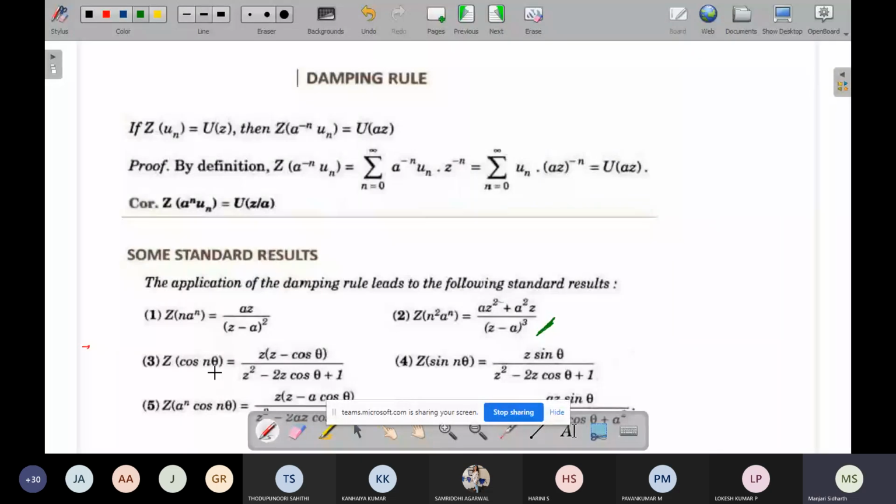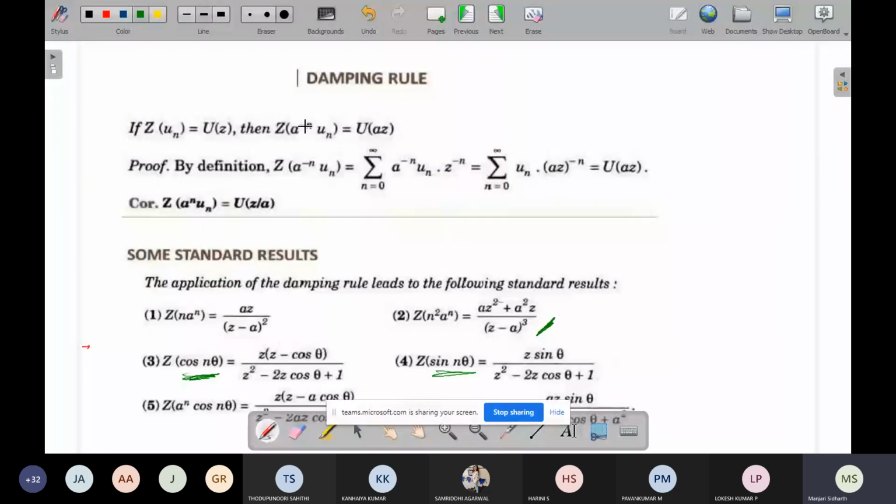Now we want to find the Z transform of cos n theta and sin n theta. So we'll find both together using the damping rule. Please remember the damping rule because we are going to use it.